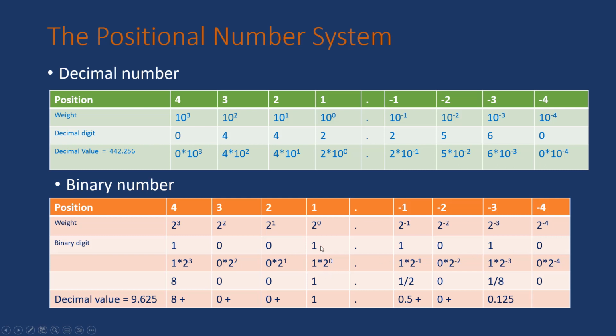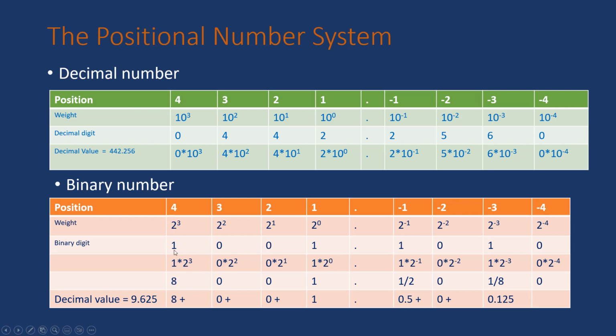Okay, here we are going to take the first digit multiplied by 2's power 0, second digit multiplied by 2's power 1, third digit multiplied by 2's power 2, fourth digit multiplied by 2's power 3. 1 multiplied by 2's power 3 is 8. Let's see, 2 multiplied by 2 and multiplied by 2. So 2 multiplied by 2 is 4, and then multiplied by another 2 is 8.